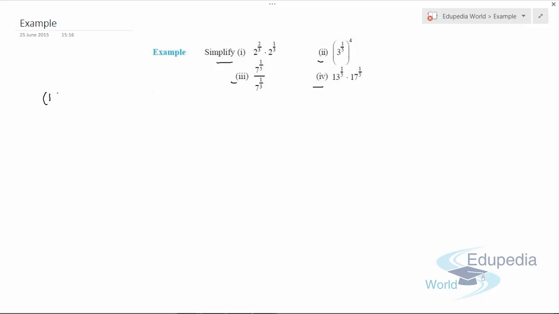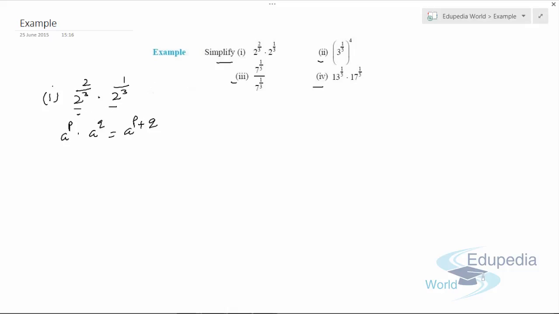The first question is 2 raised to power 2 by 3 into 2 raised to power 1 by 3. Now clearly in this question we have same base, 2, so we can apply the law a raised to power p into a raised to power q equals to a raised to power p plus q. Why?